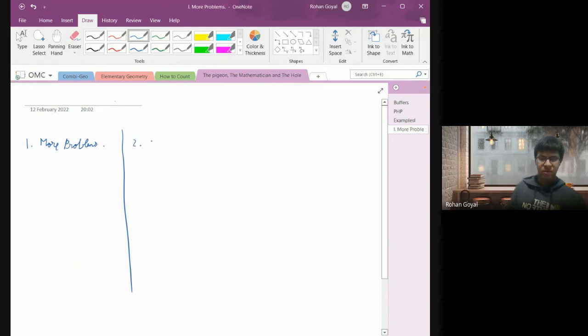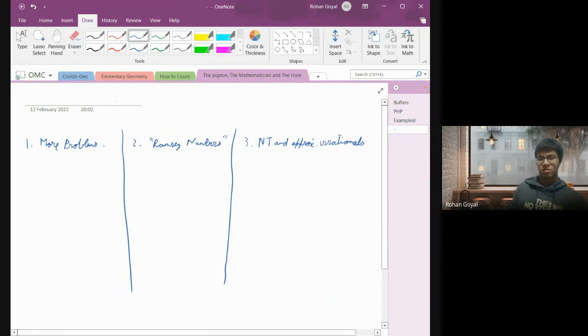Second is something called Ramsey numbers. Third is number theory and approximating irrationals by rationals. All of these are nice things. Just pick.